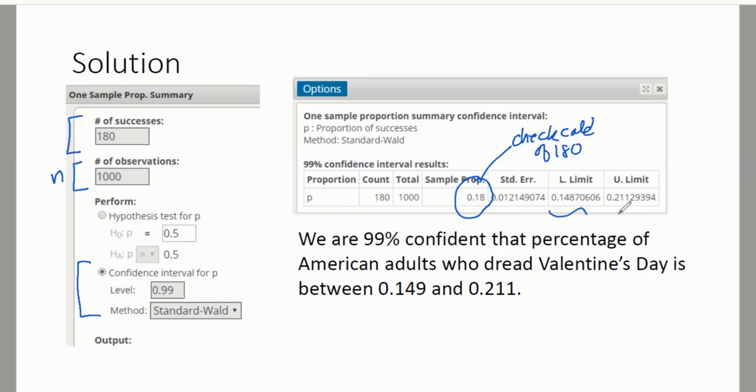And we're given a lower limit and an upper limit. So we're 99% confident that the percentage of American adults who dread Valentine's Day is between 0.149 and 0.211. So we're 99% confident, which is as confident as we usually get, that it's somewhere between 15 and 21%.